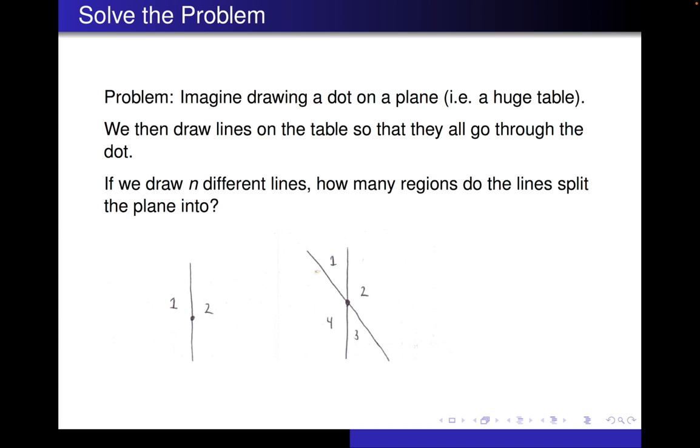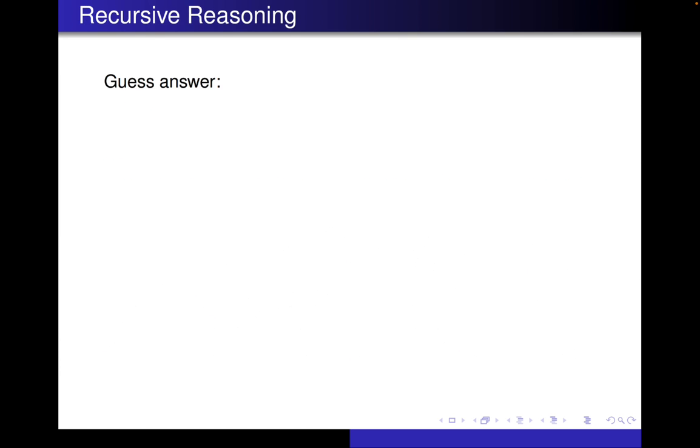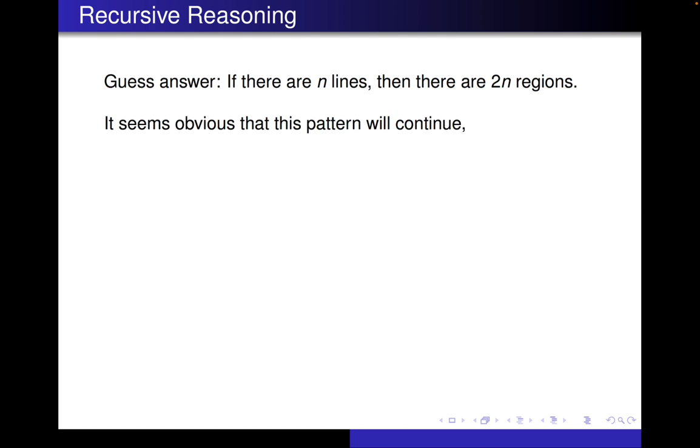You can see that those lines split the plane into four different regions. And if you have three different lines going through the same dot, that splits the plane into six different regions. By now you probably see the pattern that however many lines you have, twice as many regions. In other words, if there are n lines, then there are 2n regions.